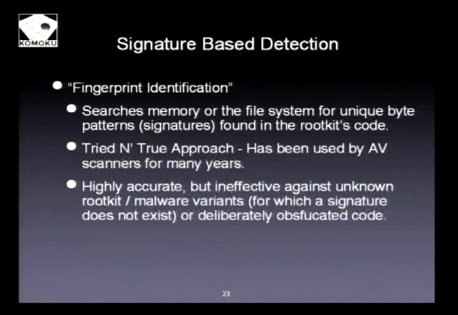The other approach that we're all pretty much familiar with is your standard signature-based detection techniques. This searches the file system or memory for a database of signatures. Your detection capability is only as good as your signature database, and obviously there is a lifetime associated with that.